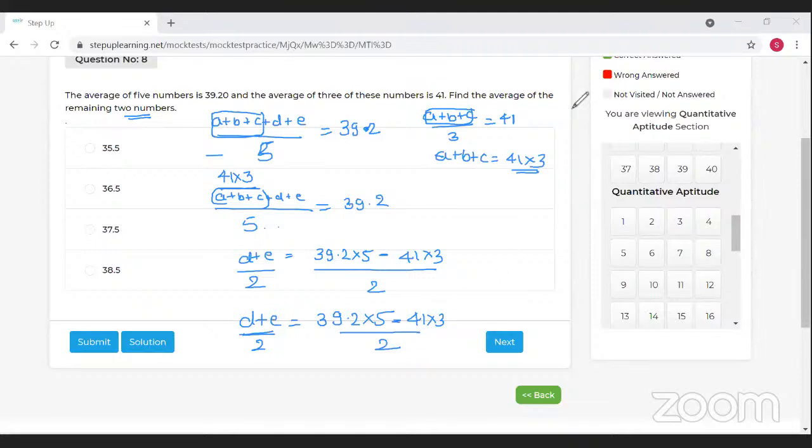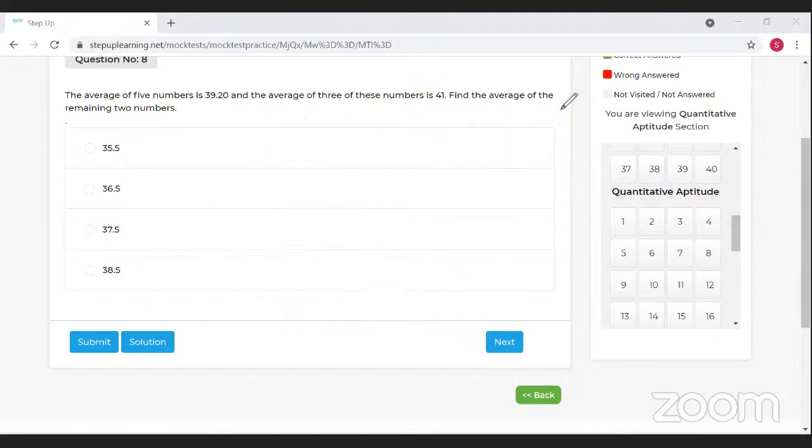Okay, Rajan. There was one more question I'll just ask because it's in my mind. One of the students asked: A and B are integers. Because it was 3 numbers, that's why we multiplied by 3. Here it is given the average of 3 of these numbers is 41. A and B are integers.